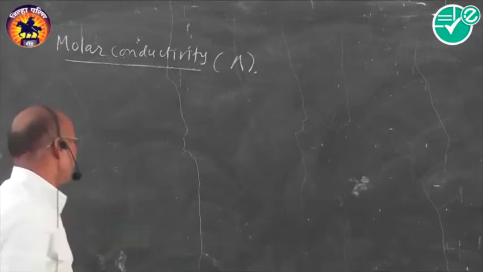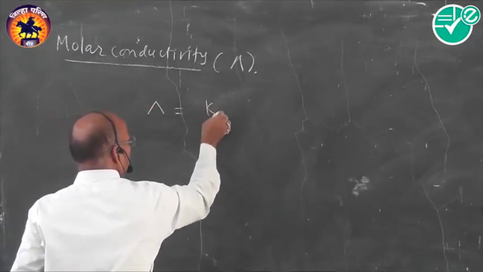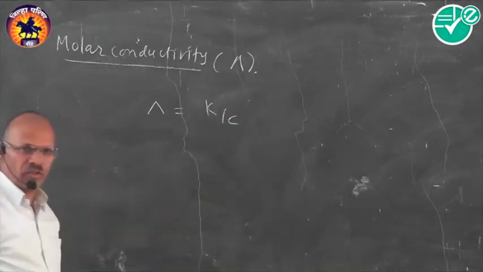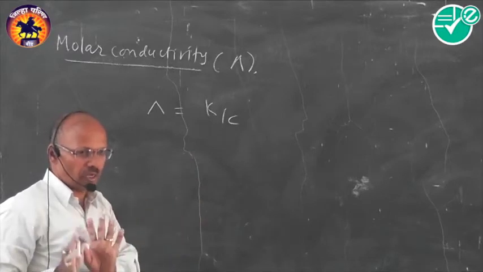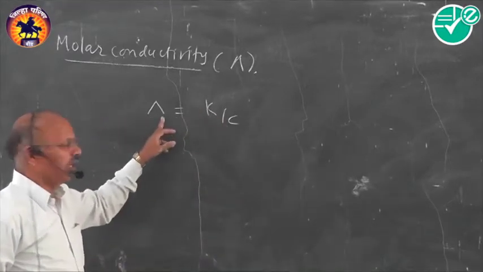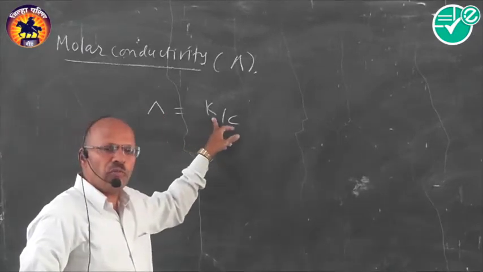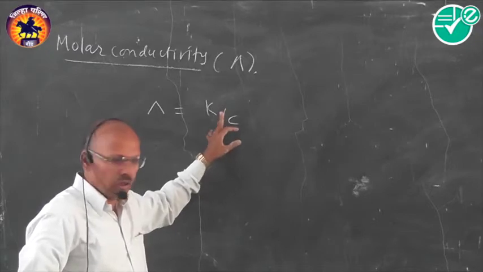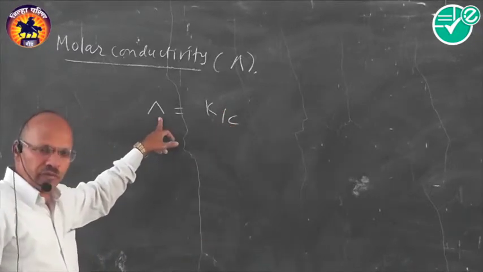It is very simple one. Molar conductivity can be defined like this: K by C is the first equation. Or we can define it in other ways. At first, we have the first definition. It is the ratio of conductivity of the given solution to the concentration of the same solution, known as the molar conductivity.